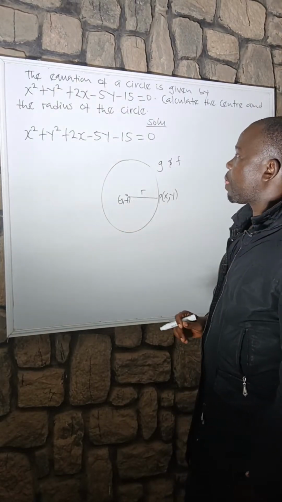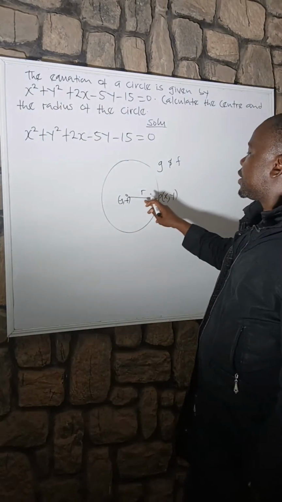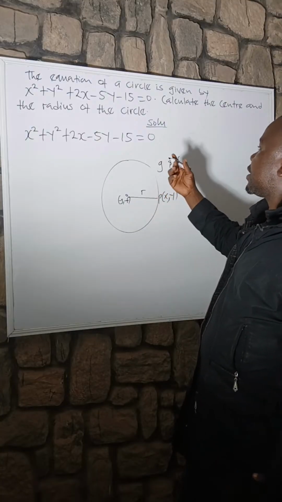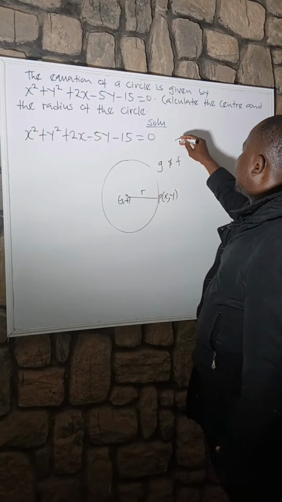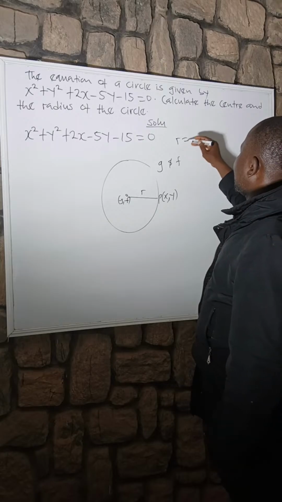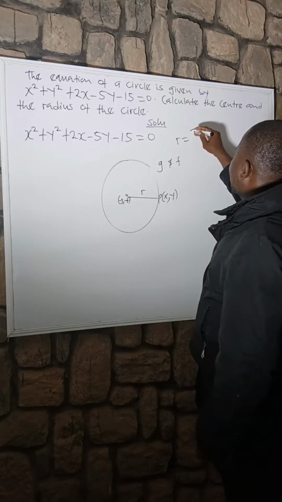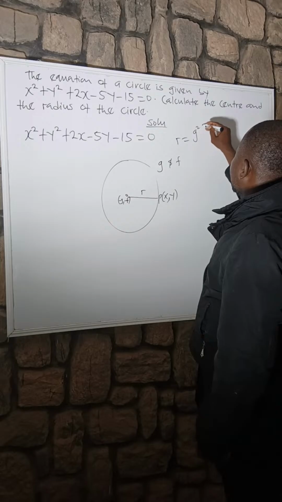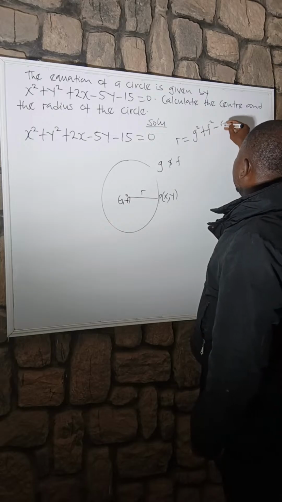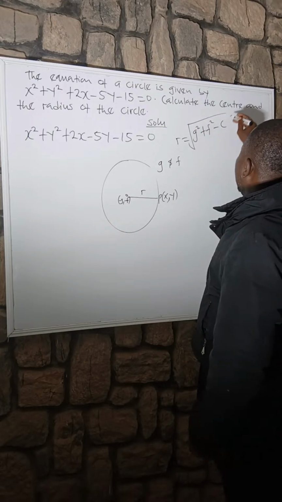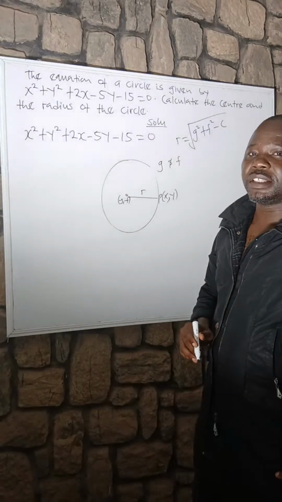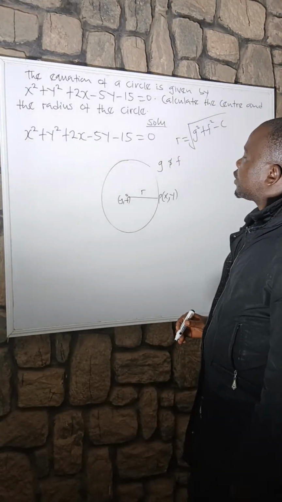Then they said find the radius. To obtain the radius, we are going to use this formula: r equals the square root of g squared plus f squared minus c. Is that clear? So far, so good.